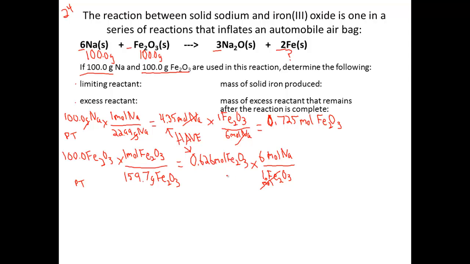So our moles cancel our moles, and if we multiply, we get about 3.76 moles of sodium. Now this is how much we need in order for the reaction to completely go or to consume all of the other one. So we have our haves versus our needs.